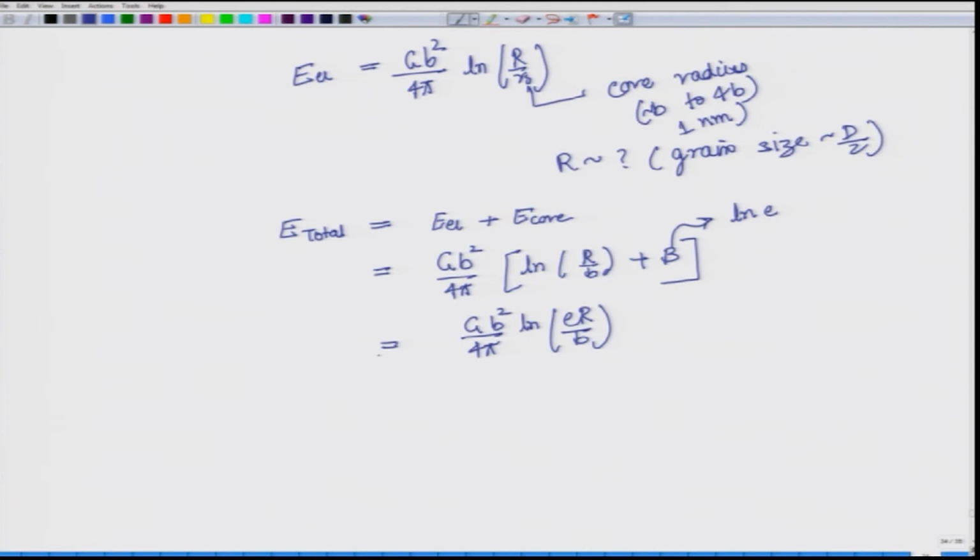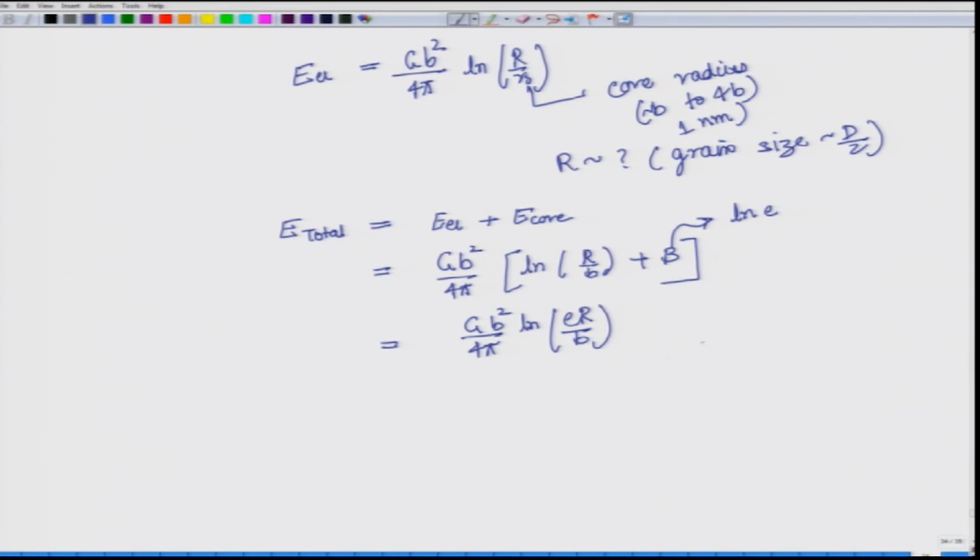So, now we have a relation with certain assumptions, where the assumption is that the core energy is represented by G b square by 4 pi times this constant B, and then we said that B is equal to ln E, and therefore, the core energy relation comes out something like this.